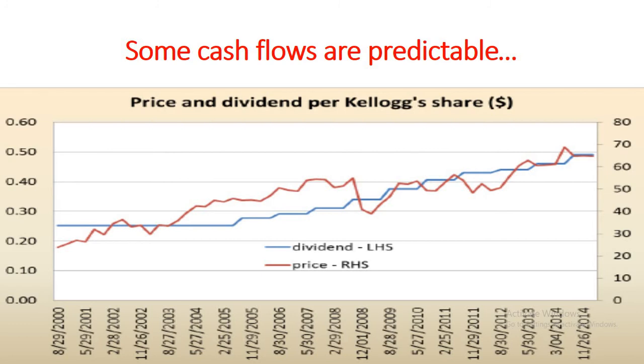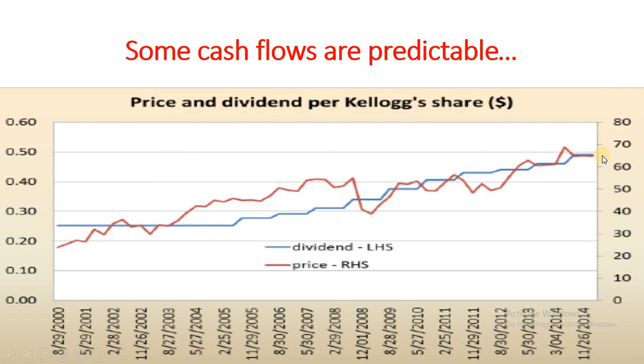Let's look at the graph which shows the price and dividend information of Kellogg's. If we look at the dividend trend of Kellogg's, you can see that there is an upward trend of dividend. In the meantime, if we look at the price per share of Kellogg's, it also shows an upward trend.